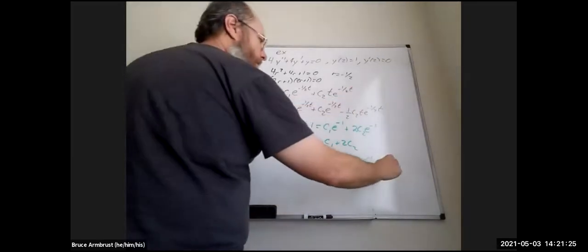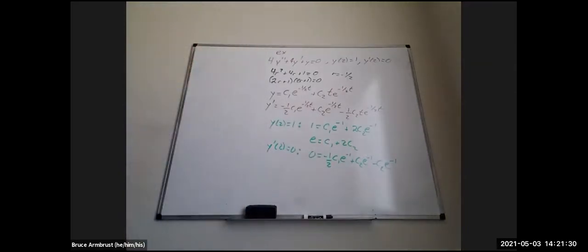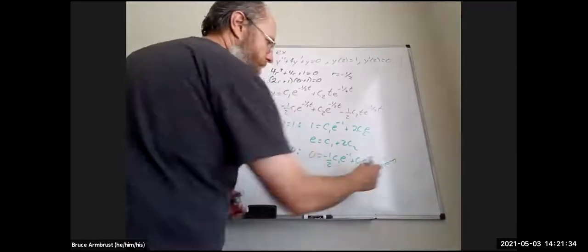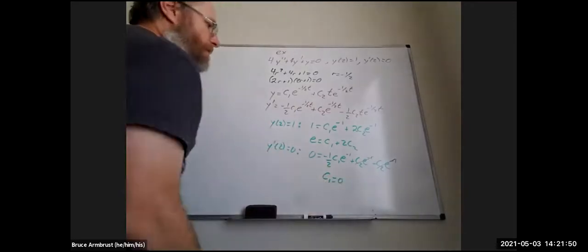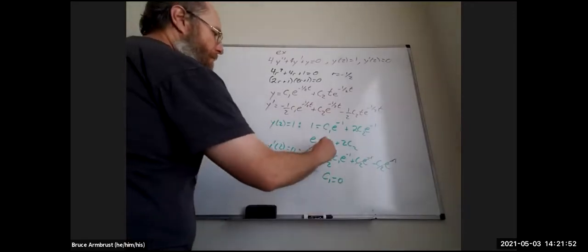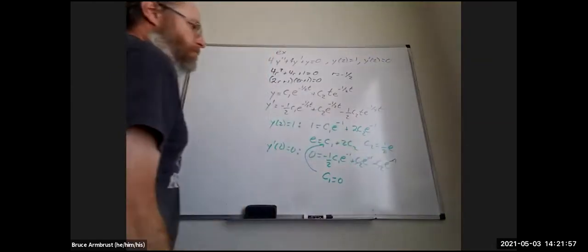So we get minus 1 c2 e to the minus 1. And those guys actually cancel each other out. All right, so this guy gives us c1 equals 0. We fire that up into here. We get c2 equals 1/2 e.